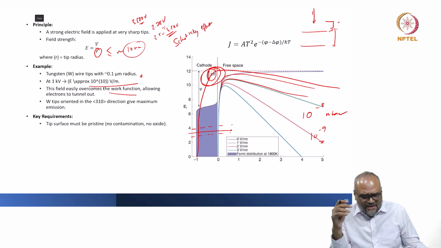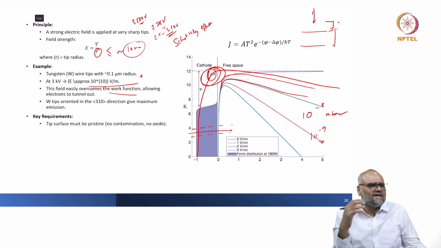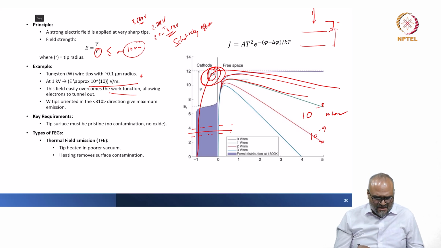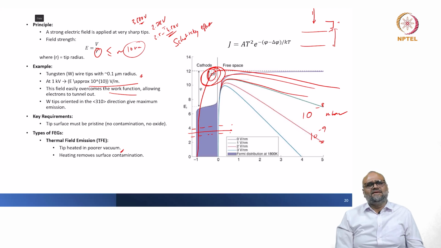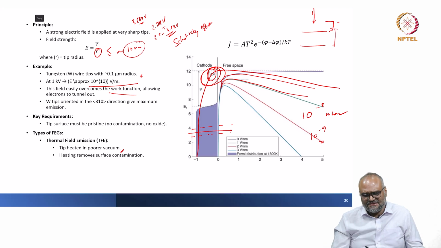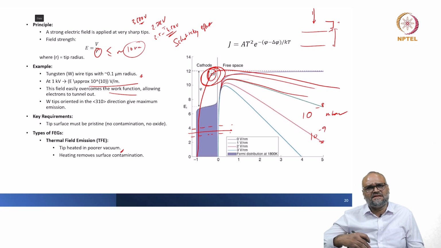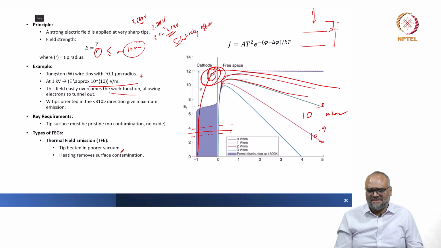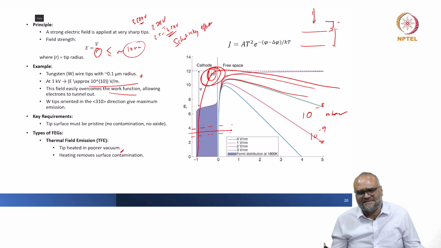Now, within the field emitters also, there are two kinds of emitters. You would have a thermal field emitter where the tip can be heated in a slightly poorer vacuum, and in a very controlled fashion, you raise the potential on the anode such that you have extraction of the electrons. In microscopy terms, you can call it a warm start or a cold start.